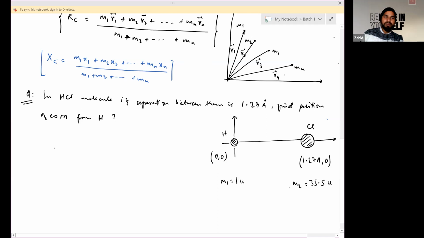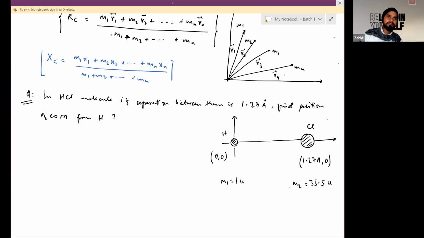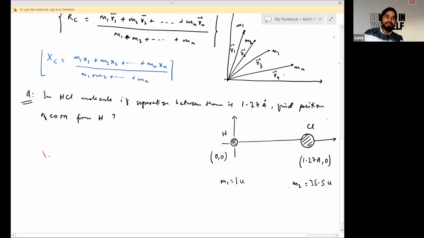Use the above formula for a discrete particle system. X center of mass equals m1 x1 plus m2 x2 divided by m1 plus m2.